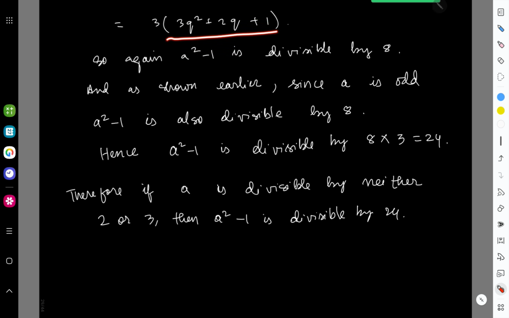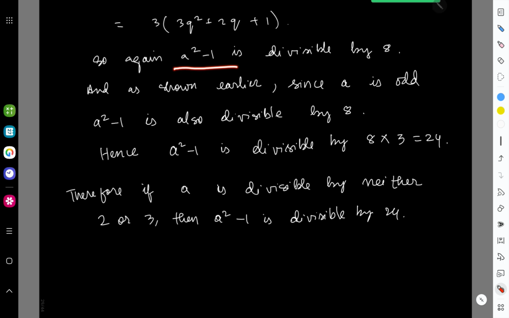Then we don't care about what is inside the bracket as long as there's no number after this term, like 1 or 2. We do not care about what is inside the bracket, we just care about what is outside the bracket. So it is 3, so that means this is divisible by 3.